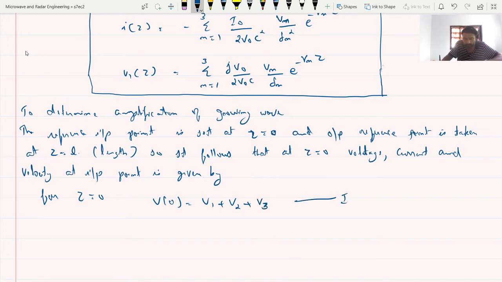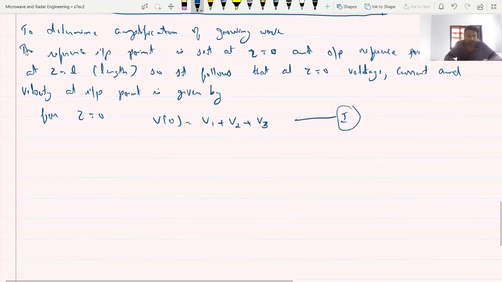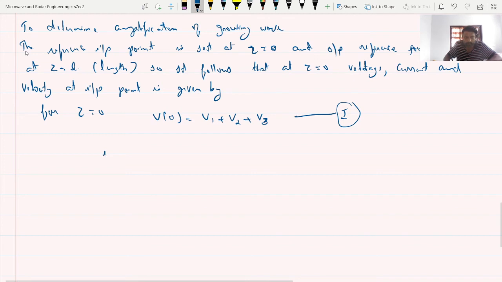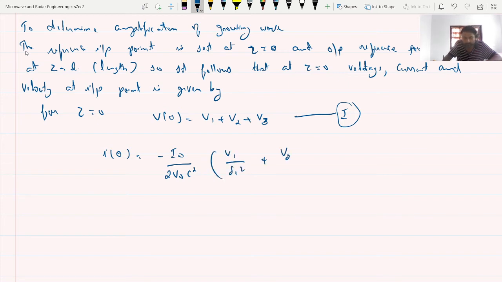I call this equation 1. And I of 0 is minus I naught by 2 V naught C square, V1 by delta 1 square plus V2 by delta 2 square plus V3 by delta 3 square. Call it as 2.